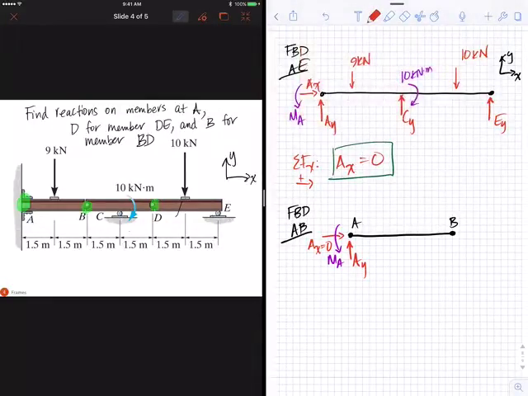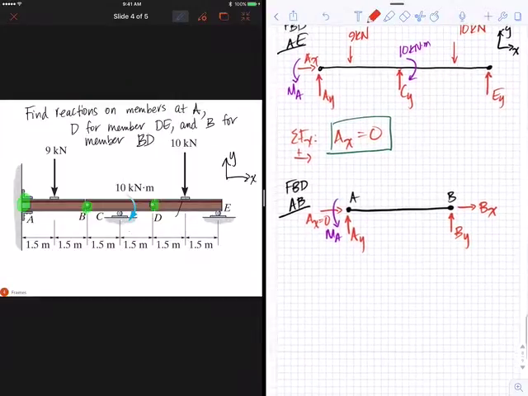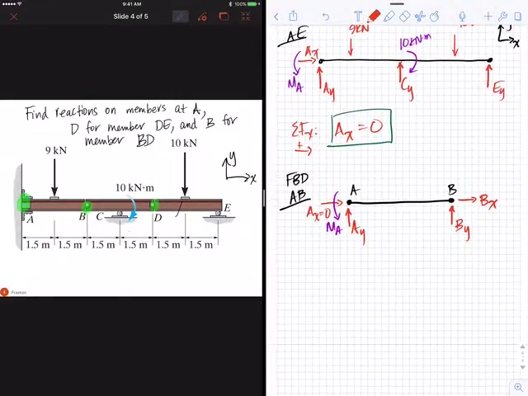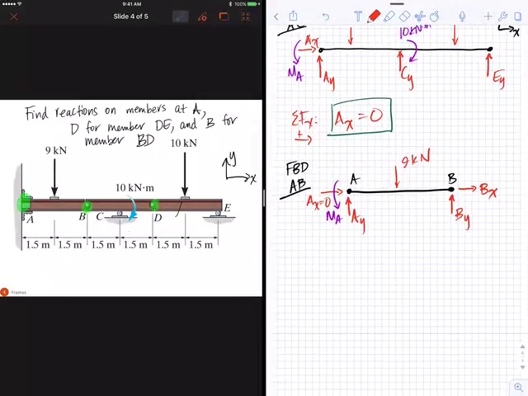We've got a pin connection at B, so there's going to be BY, BX, and we have the 9 kilonewtons, and that's actually right in the middle. So we can use this one at least to solve for what? AY, and, oh, maybe not yet.